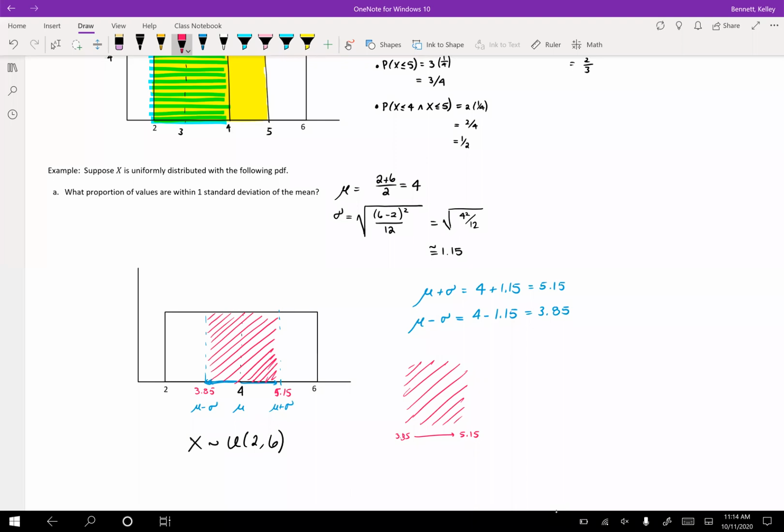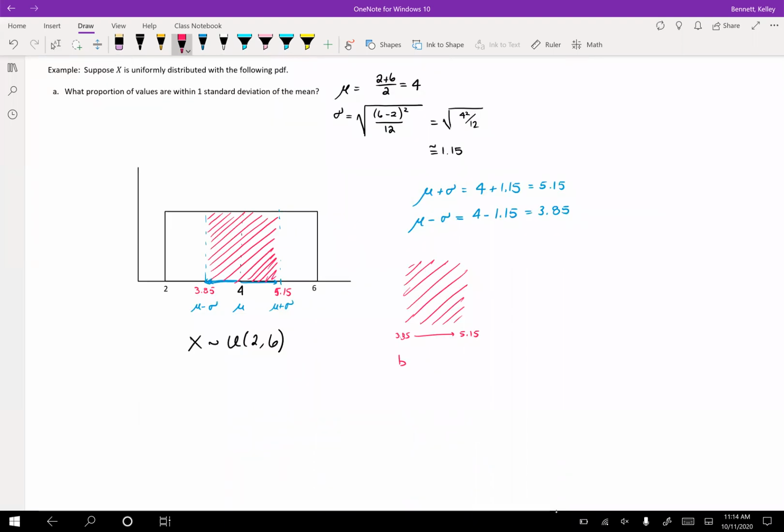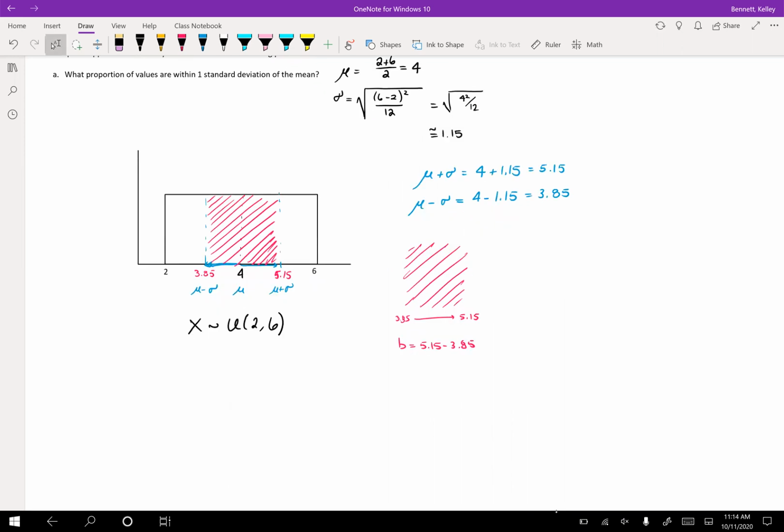So the base is 5.15 minus 3.85, right? That's how we find the distance between things. It's also 2 times the standard deviation, by the way. So the base is 2.30.